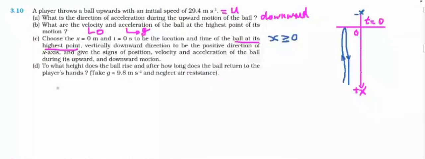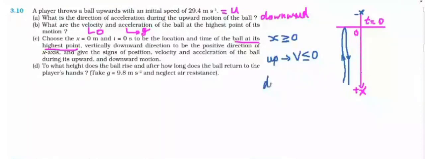Therefore, we can say in upward motion, velocity is less than or equal to 0, which means it can be 0 or towards negative direction. Towards negative direction means negative value, means less than 0.